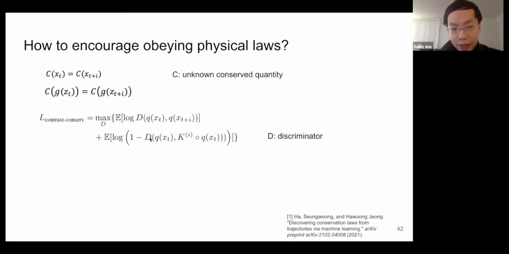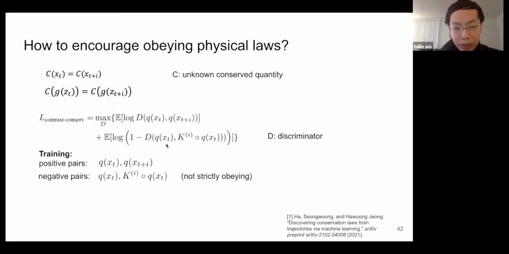And at the same time, we also give it some negative pairs, where the negative pairs are provided by the latent vector and some evolved latent vector. Because during training, we know that this model is not perfect. Therefore, this quantity may not be fully obeyed.